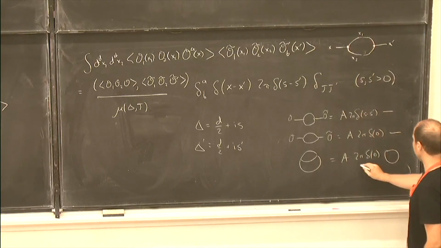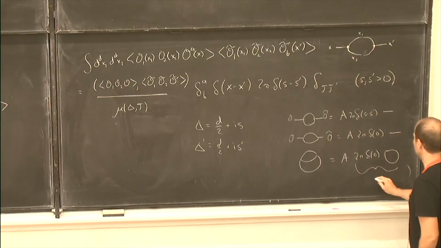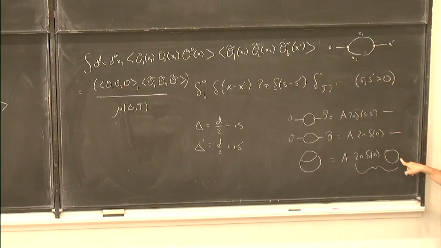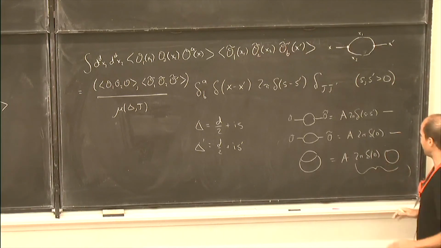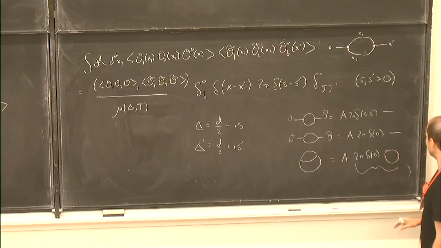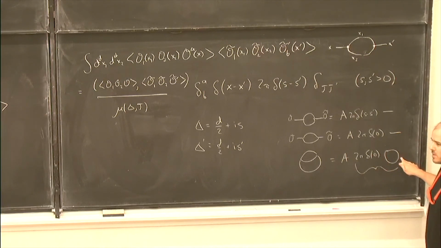The claim is that this is a trace in an infinite dimensional representation. Sorry, I'm going to say stuff that is going to be really silly. It's a trace in an infinite dimensional representation, then you have to divide by the volume of the group, which is also infinite.